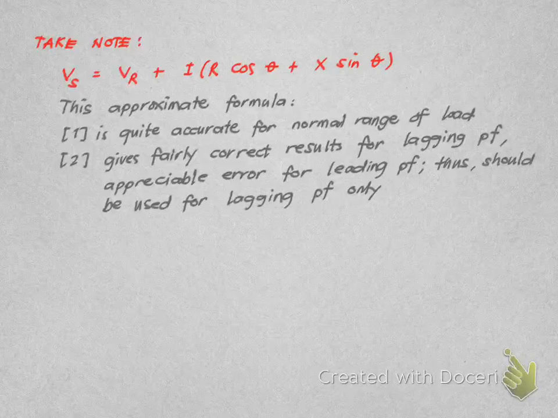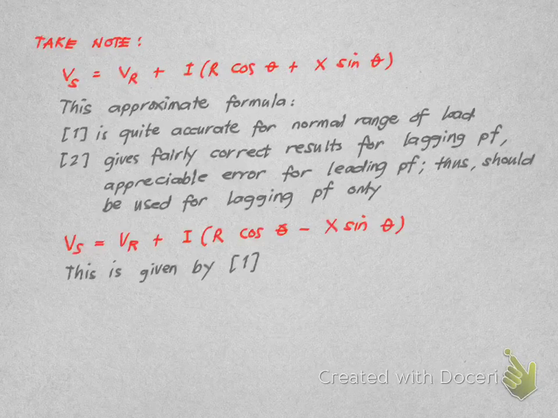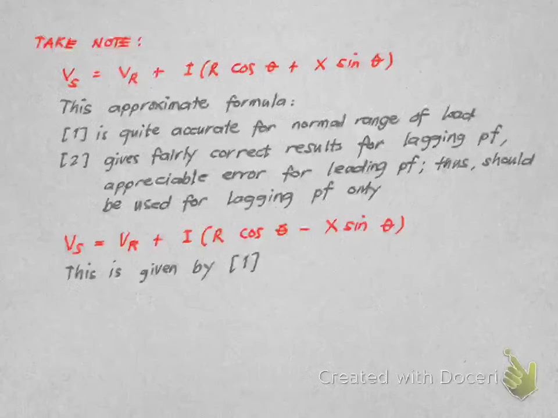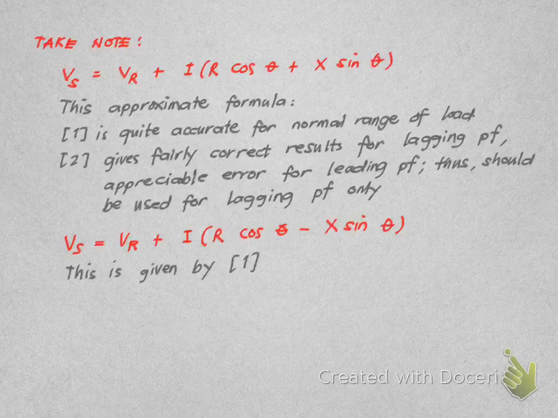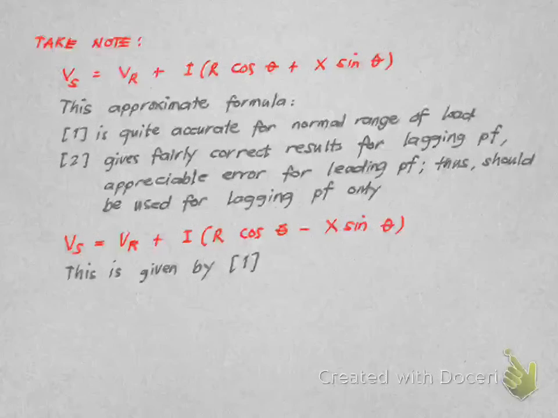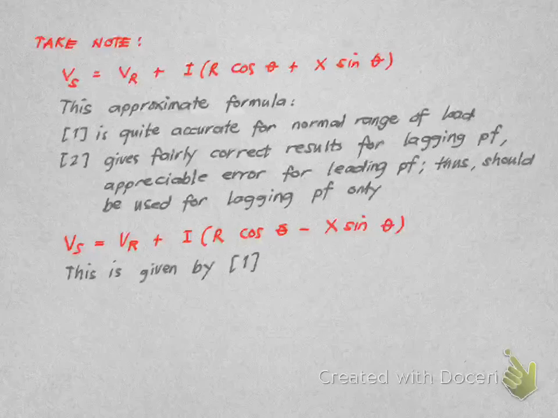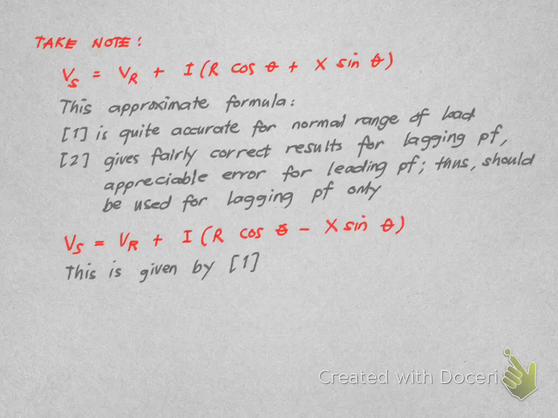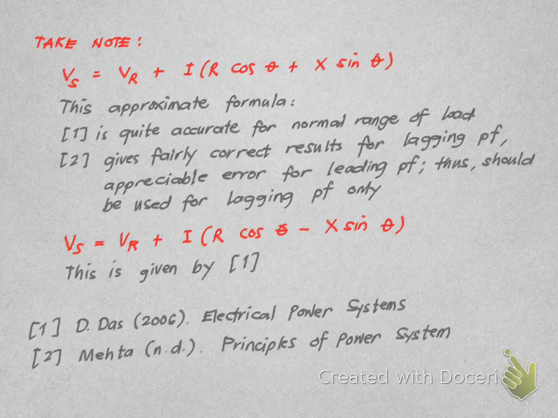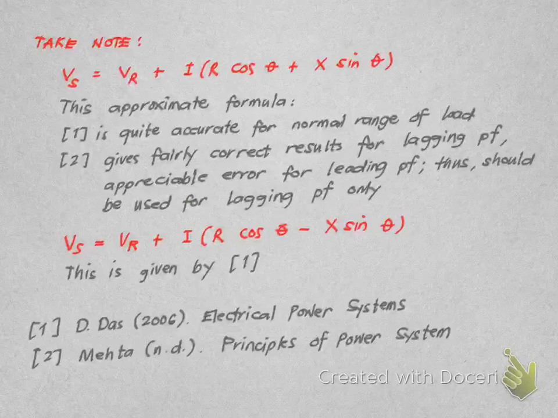So the one given by reference 1 for leading power factor actually contradicts the theory of reference 2. By the way, author 1 is DDAS, Electrical Power Systems, and author 2 is META, Principles of Power System.